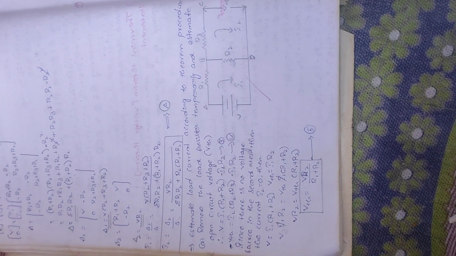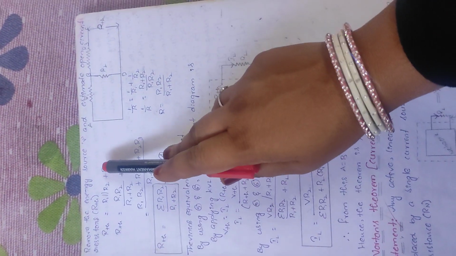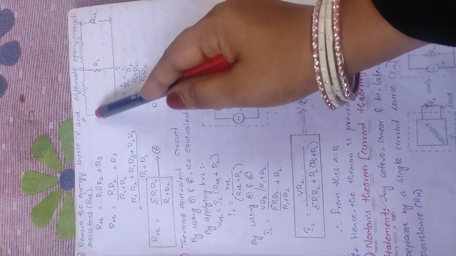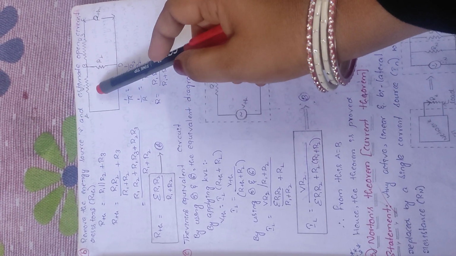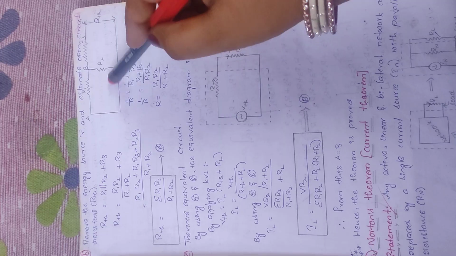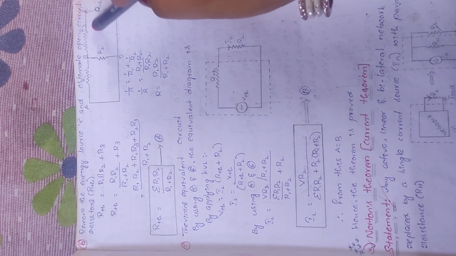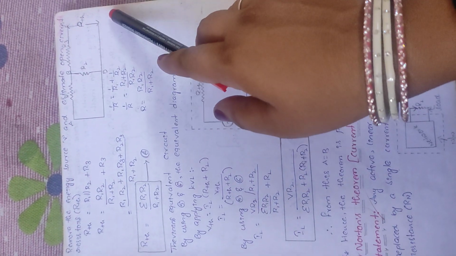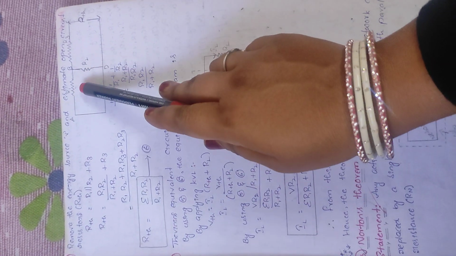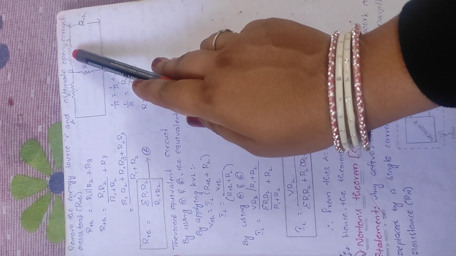Now we have to find the R Thevenin's, that is nothing but the Thevenin's resistance. Remove the energy source V and estimate the open circuit resistance. Here we are removing the voltage source first, and only taking the resistance values, that is R1, R2, R3. R Thevenin's is equal to R1 parallel to R2 plus R3.